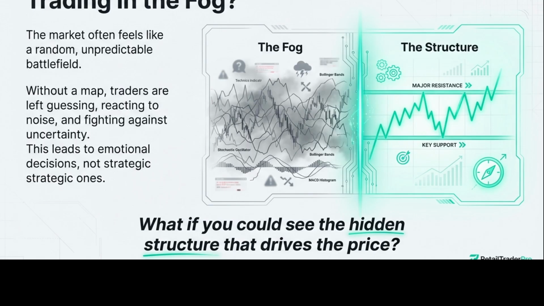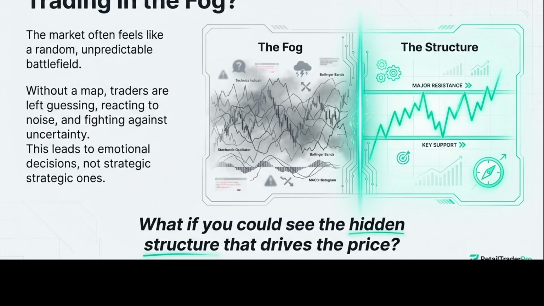Without a map, traders are left guessing, reacting to noise, and fighting against uncertainty. This leads to emotional decisions, not strategic ones. Maybe sometimes you feel like the chart is not clear and all the information that you have been using for many times is not so clear.